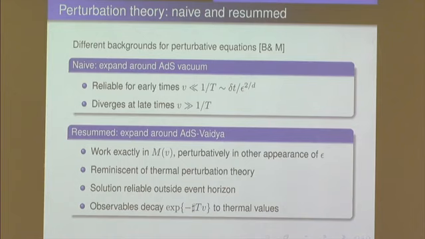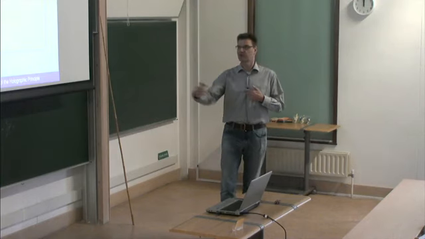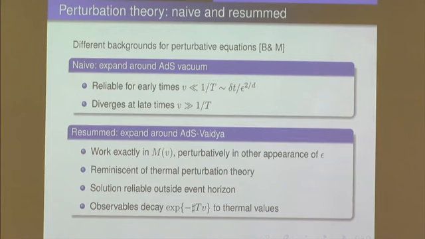But the relevant parameter is the time times the temperature. So if you stay to times which are less than the inverse temperature, which is anyway larger than the time scale of injection, because there was this small amplitude in the denominator, there is a time window for which this is reliable, and you can make the time window larger by considering smaller amplitudes. But then for late times, you find that this will diverge.